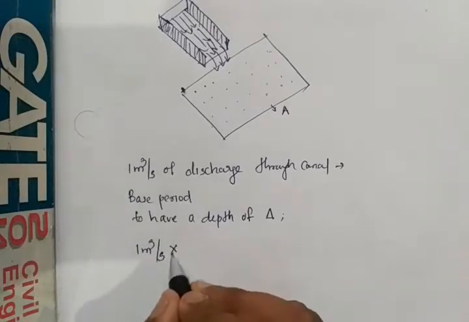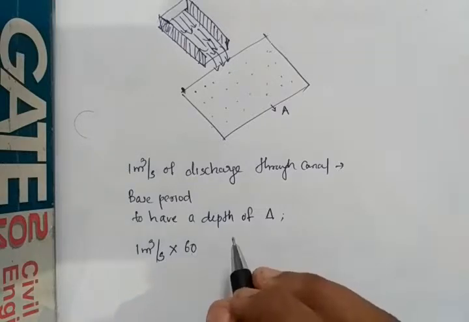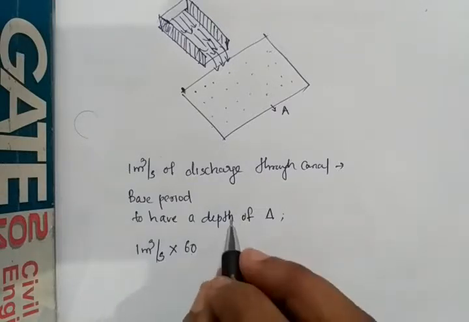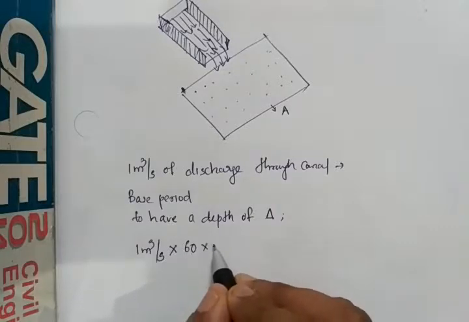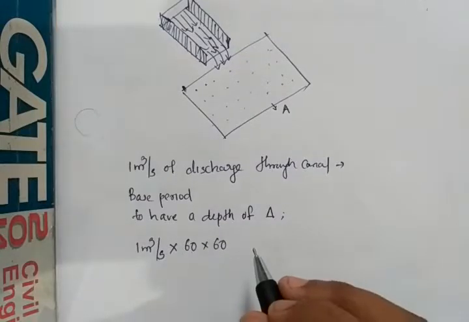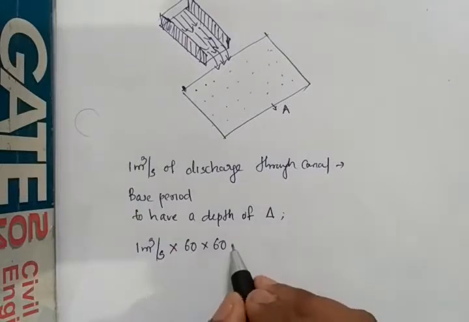This is running 60 seconds, that is in 1 minute. You get this much meter cube, and this into 60 gives you the total discharge per hour.